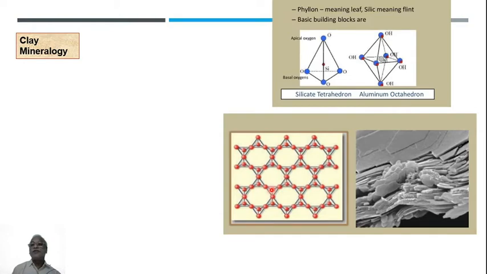These blocks, the tetrahedron blocks, when they join one to the other, it will be like this. This is exactly from the top. If you try to see, this is seen at the center and these three will be seen at the corners of a triangle, and then a molecule of silica tetrahedron joins with the other, and so on.